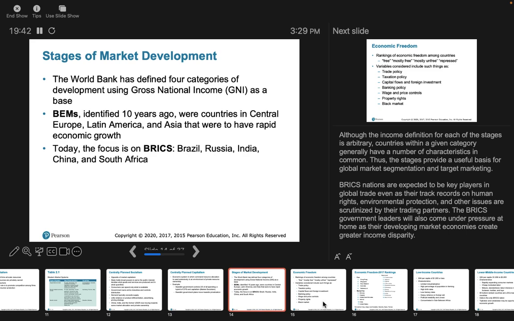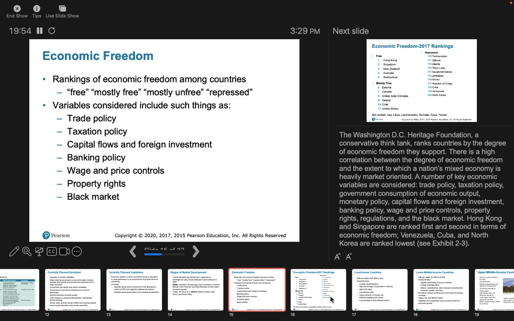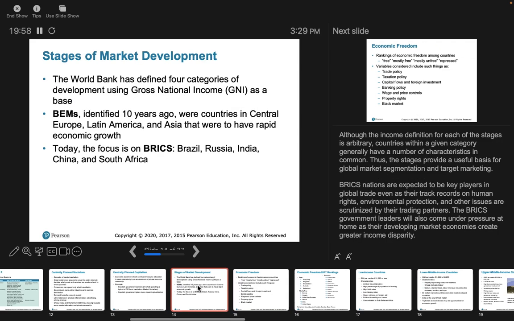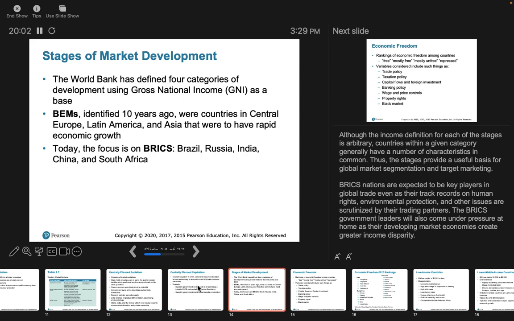Then we have another group called the BRICS. This consists of Brazil, Russia, India, China, and South Africa. I think we also have the MINT countries. Then I think in chapter 1 of this course we talked about those other groups.